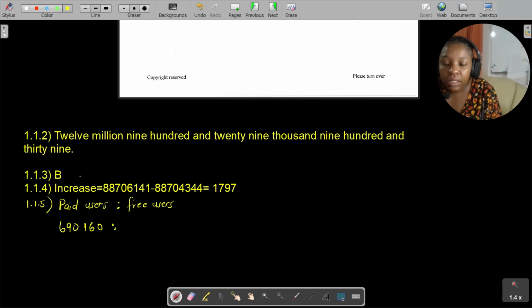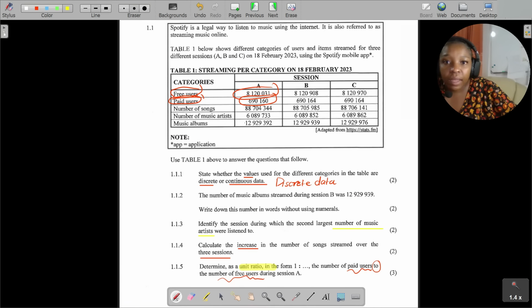The free users, it's 8,120,031. Okay, so the ratio of the paid, starting with that value there, to the free.